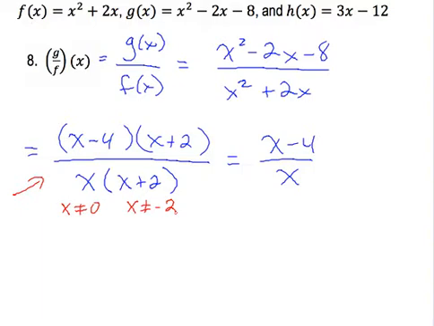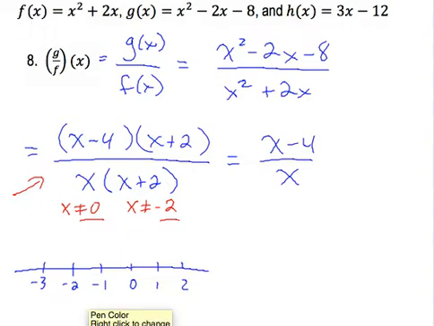So you can think of this as like the domain is all real numbers except for these two numbers, right? If I was to graph this on a number line, I'd have some number line here, negative 3, negative 2, negative 1, 0, 1, 2, and so on. If I was to graph the domain of this function, it would be all real numbers, but I'd have a hole here at 0 and another one at negative 2.